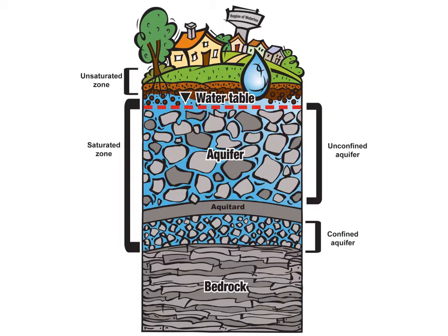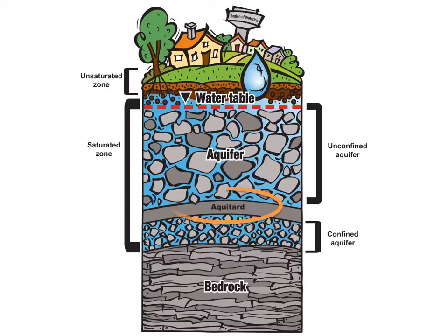There are also a few terms or words you might hear when describing a groundwater aquifer. Water table, the area under the ground where you can first find water when a hole is dug. Unsaturated zone, the area above the water table where the sand, rock, or gravel isn't filled with water. Saturated zone, the area below the water table where the spaces in the sand, rock, or gravel are filled with water.